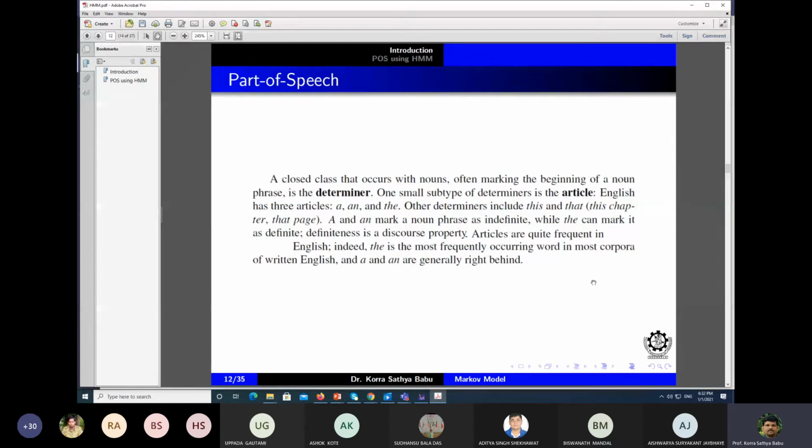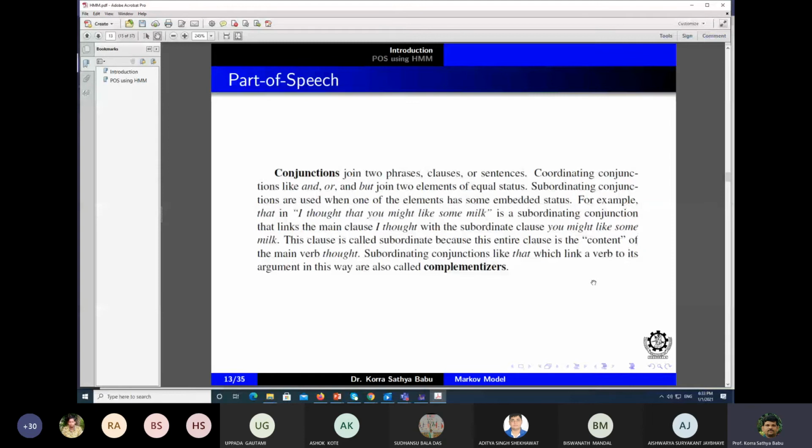Sometimes there are WH pronouns, which start with WH: what, who, whom, whatever, whoever, whomsoever. They are used in certain question forms or may also act as complementizers, like in Ram, who was the husband of Sita.